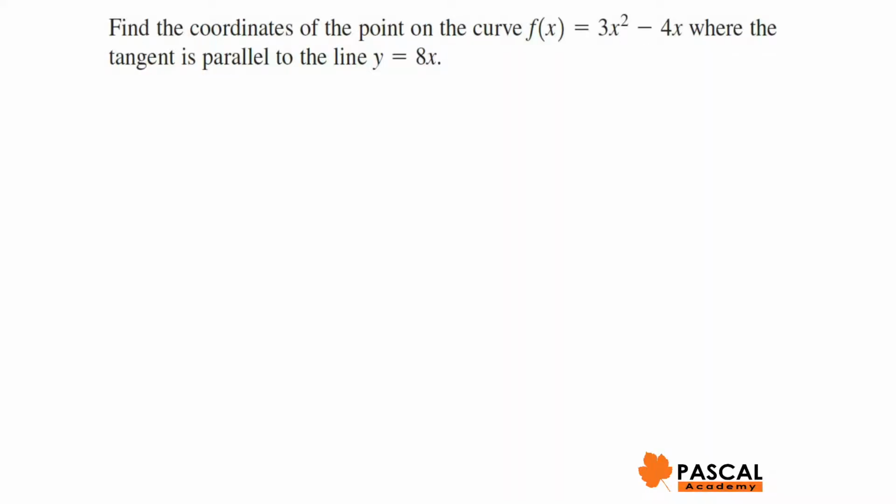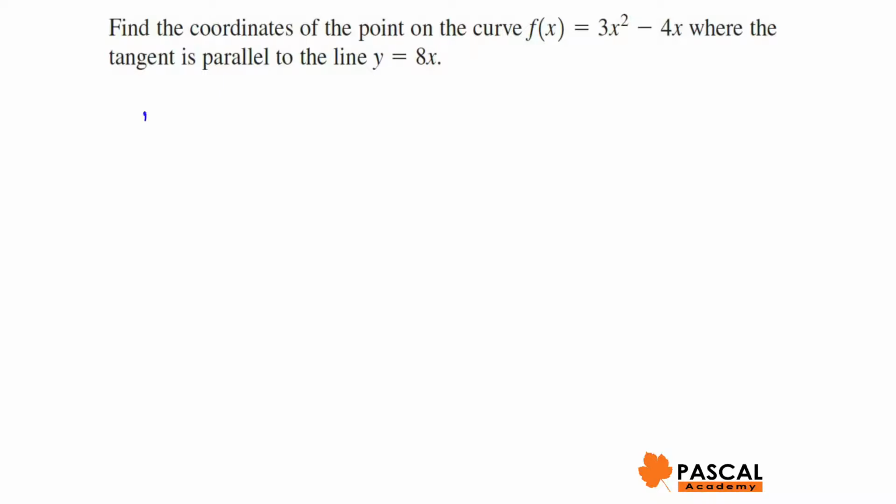Question number 21. Find the coordinates of the point on the curve f(x) equals 3x squared minus 4x, where the tangent is parallel to the line y equals 8x. We are looking for a point at which the slope of the tangent line is 8.